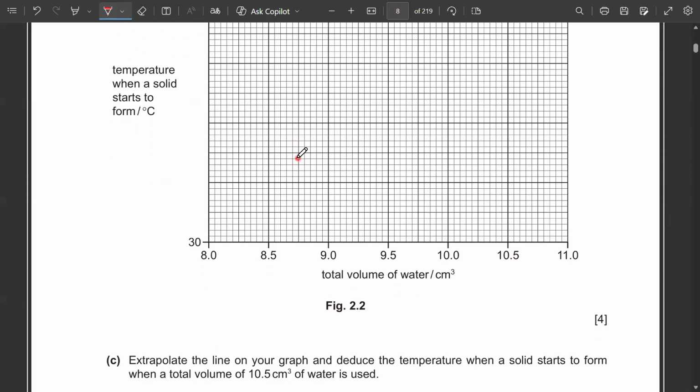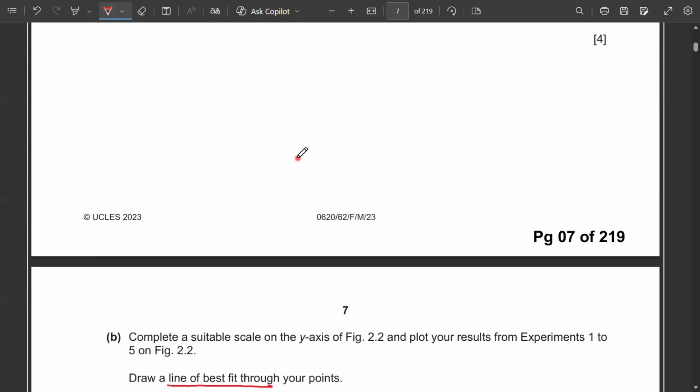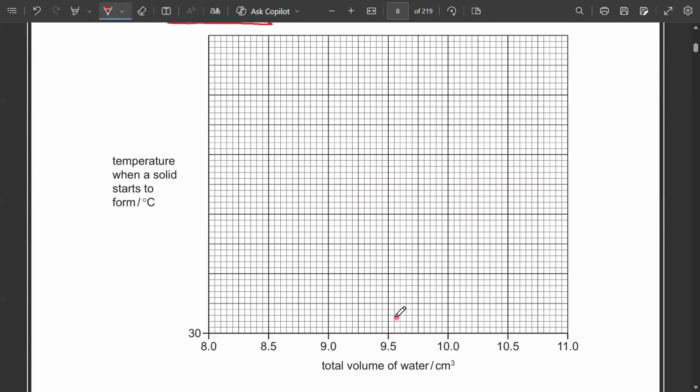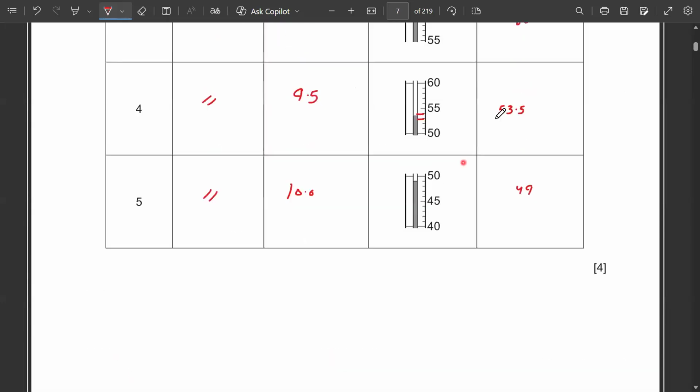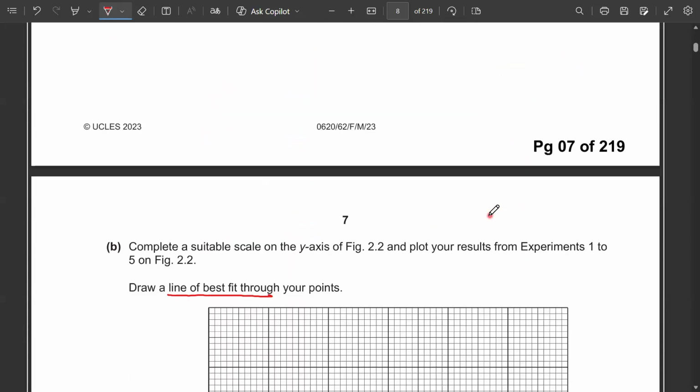So I will be plotting the points on the graph and then plot a line through those points. Starting from the first value, on the y-axis we have the temperature and the x-axis is the total volume. So for the first amount, at 8 cm cube, the temperature was 78.5 degrees. 78.5, then 67, then 60.